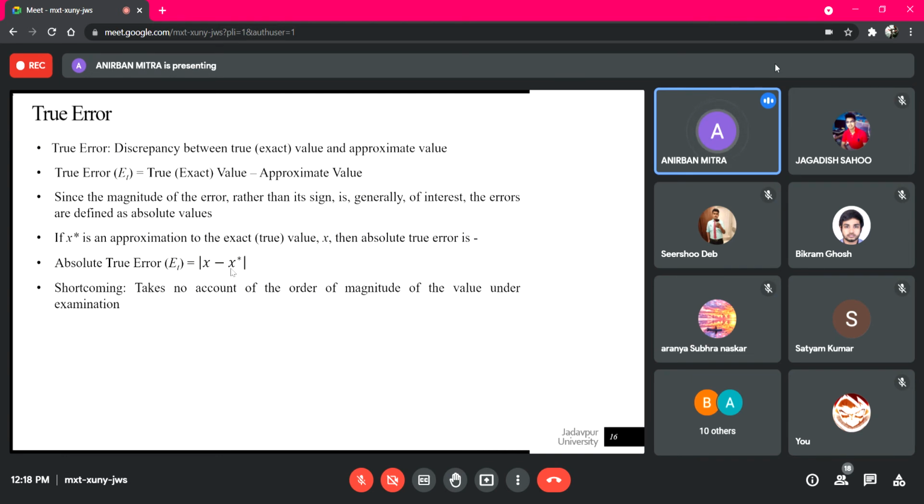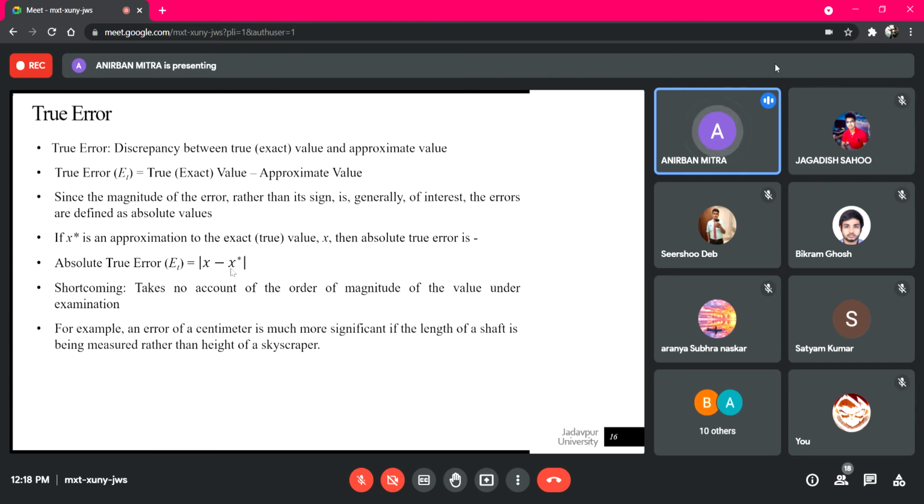What do we mean by this? Consider this example. An error of a centimeter is much more significant if the length of a shaft is being measured rather than the height of a building.